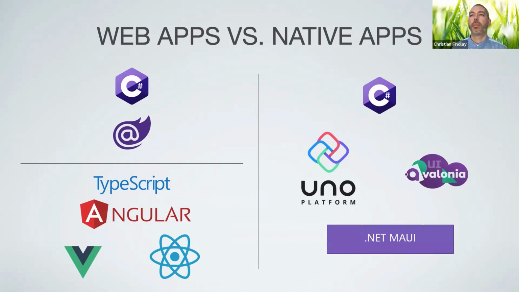On the other side, we have 3 technologies that are designed for providing native apps. What I mean by native apps is that we compile these in .NET and they will run as a native app on the platform. So Xamarin Forms has been pretty much one of the pioneers in this space. Xamarin Forms has been around for quite a while now.